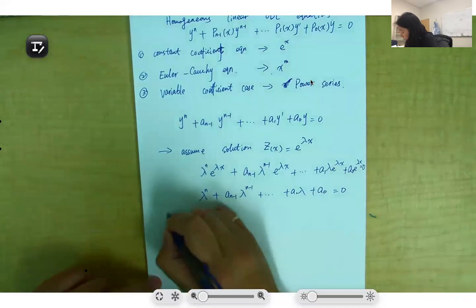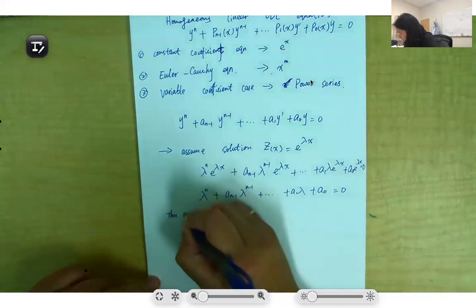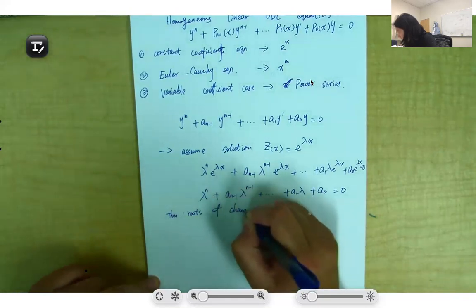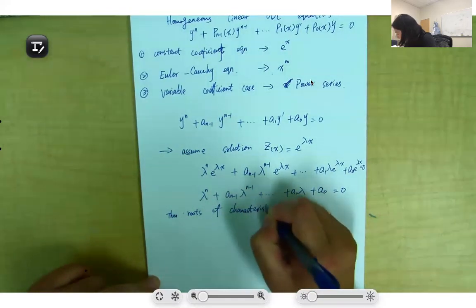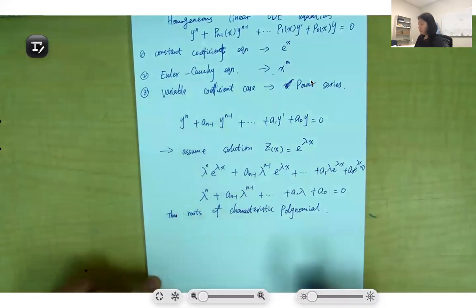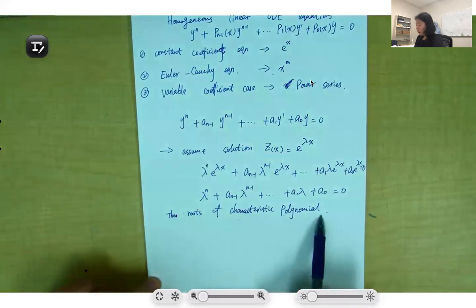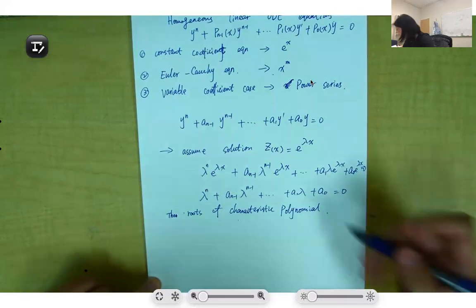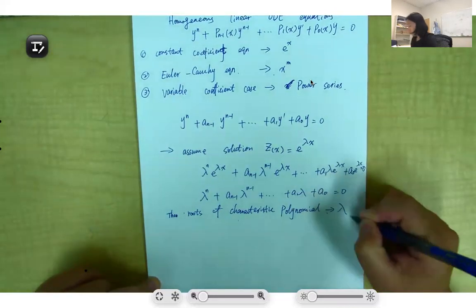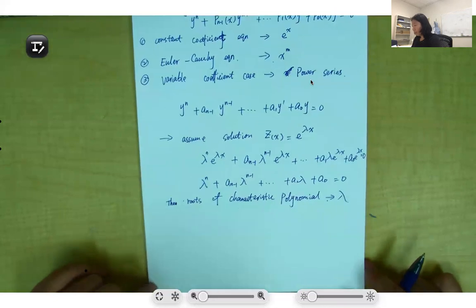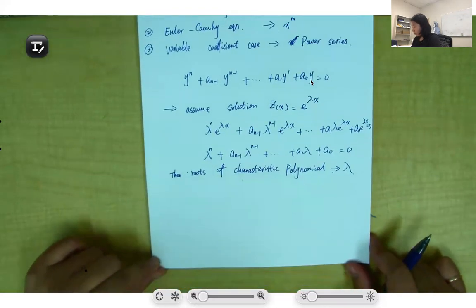So the roots of the characteristic polynomial, where the general characteristic polynomial is the above equation, give you lambda. For second order, you should get 2 lambdas. For third order, you should get 3 lambdas, etc.